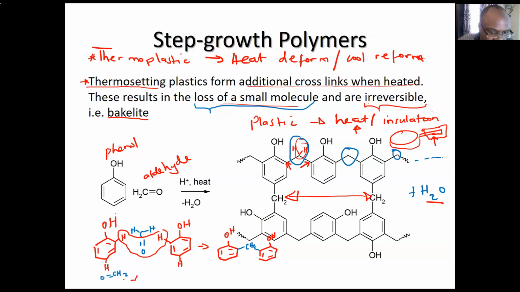Let me just squeeze it somewhere here. That's your phenol. Okay, that's our little phenol. But this time we are using the ortho hydrogen of this. So we're still using the ortho hydrogen, but our ring is kind of rotated.